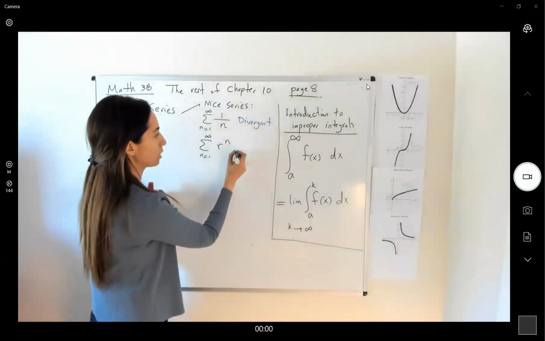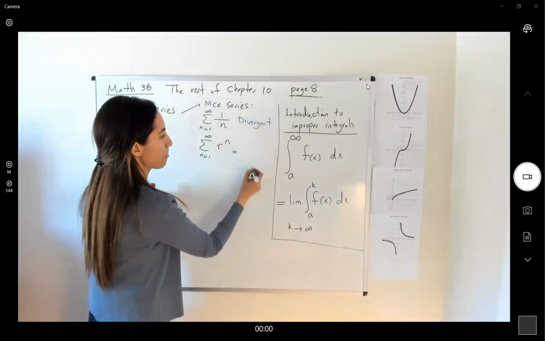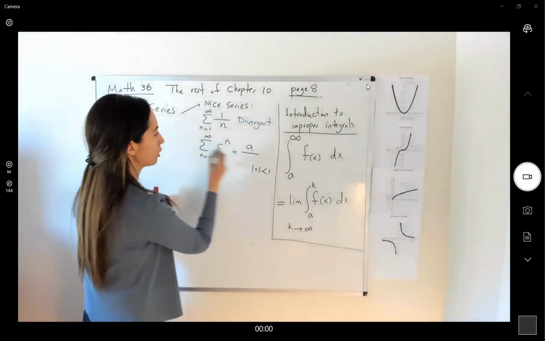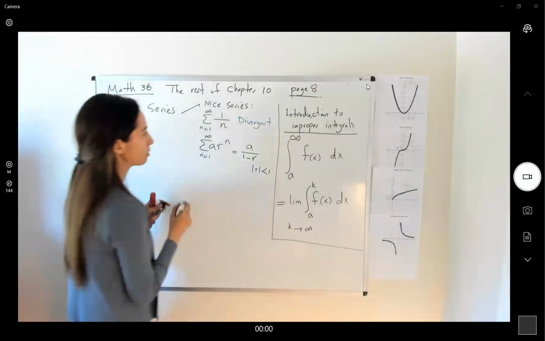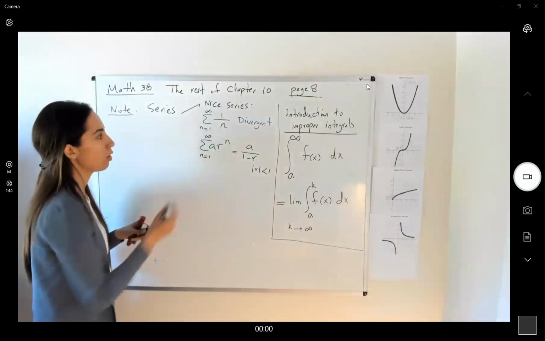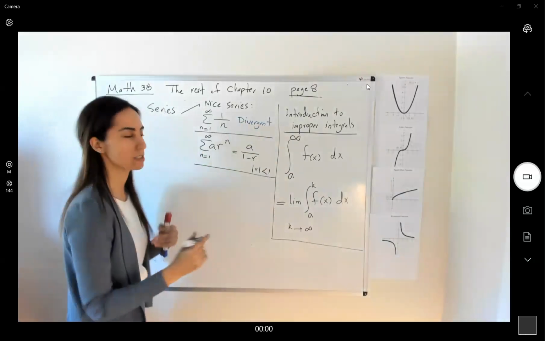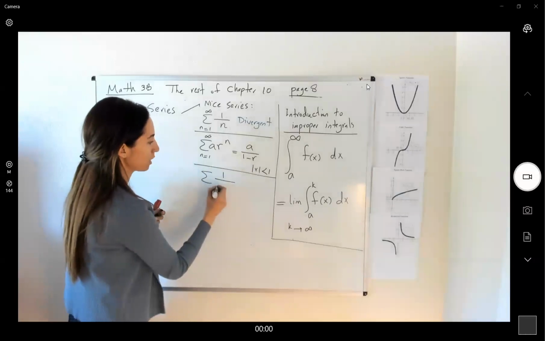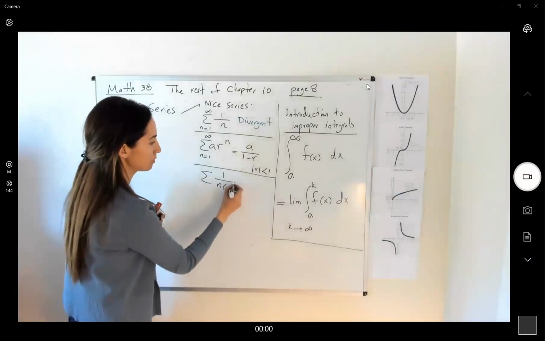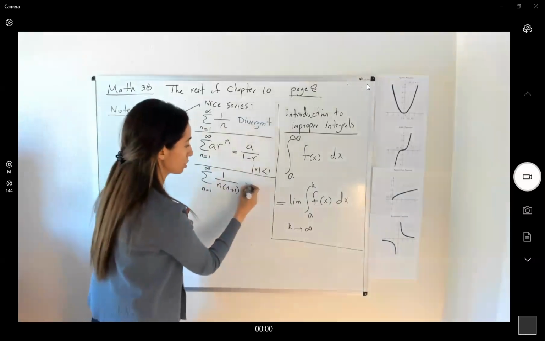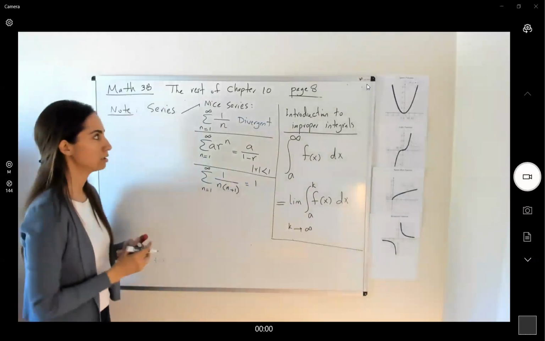So for this one, if r is between -1 and 1, the sum is a divided by 1 minus r, so geometric series. Or you're dealing with telescopic series, nice series, 1 over n plus 1, and it starts from 1, goes to infinity, which is convergent to 1.